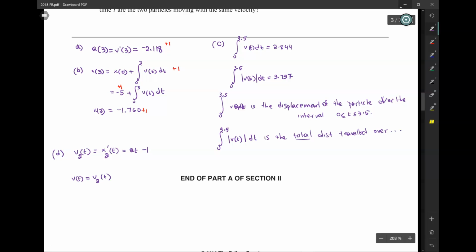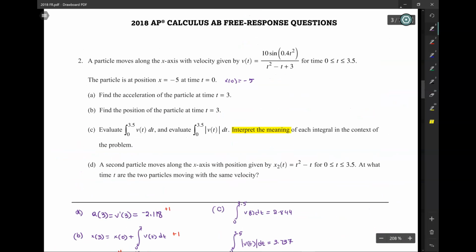You don't have to rewrite that whole equation with the sine, blah, blah, blah. Don't write it over. You can either say this, or you can say v of t is equal to 2t minus 1, plug it in. So here's what you're going to do.